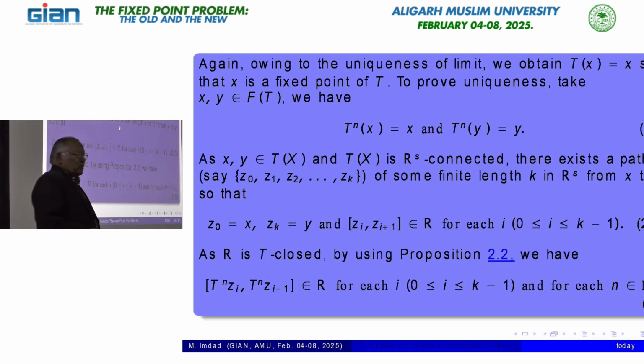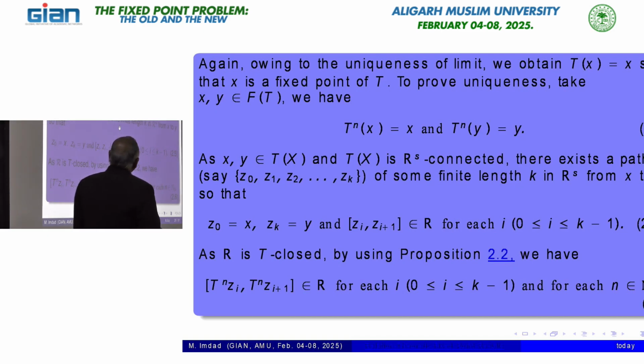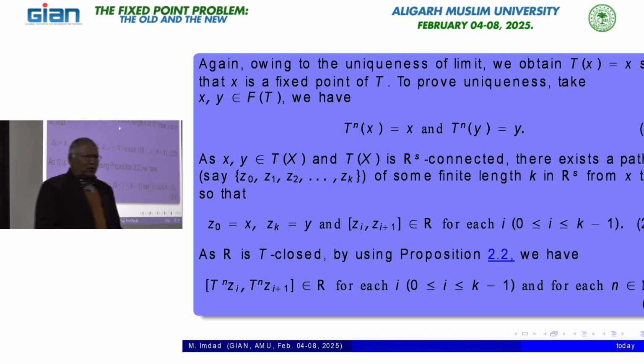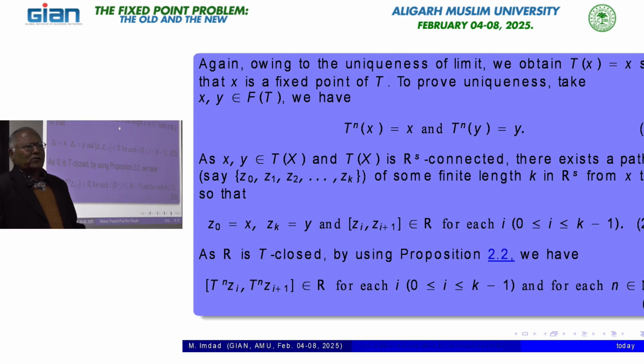The other part is the uniqueness of the fixed point. This is slightly new, as you have made the effort. What we have taken is that our space is path connected, but not in the sense we have in topological spaces, where we define a path as a map from a closed interval to the topological space. That is not the case here. Here path means a discrete path. Between 2 points you have a finite sequence which joins them, taking one initial and another final.